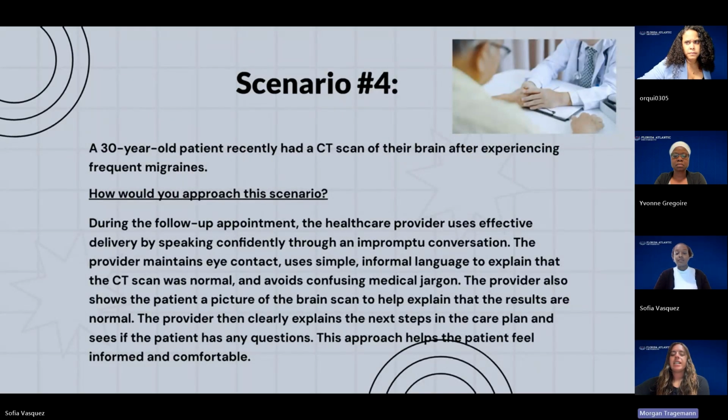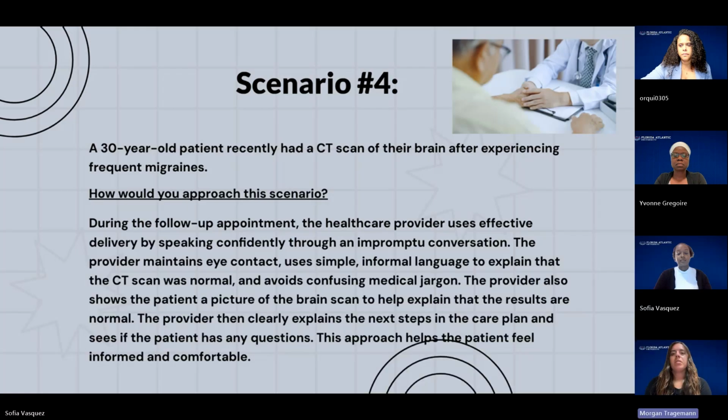Scenario number 4 is a 30-year-old patient who recently had a CT scan of their brain after experiencing frequent migraines. How would you approach this scenario? I would approach this scenario by speaking confidently while maintaining eye contact with the patient.